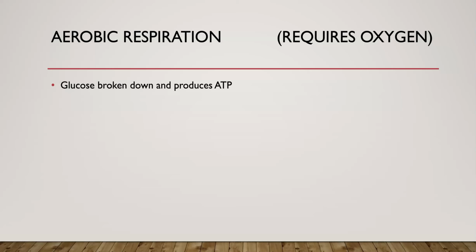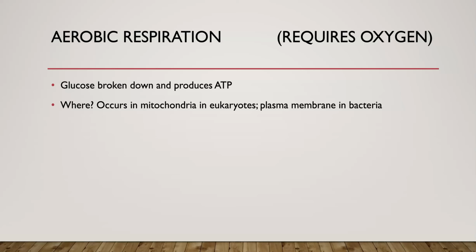Glucose is broken down in aerobic respiration, and the end goal is to produce a lot of ATP molecules from one glucose. Where does this happen? It happens in mitochondria, in the eukaryotes, like animals and plants, etc., and at the plasma membrane in bacteria because they aren't big enough to have mitochondria.